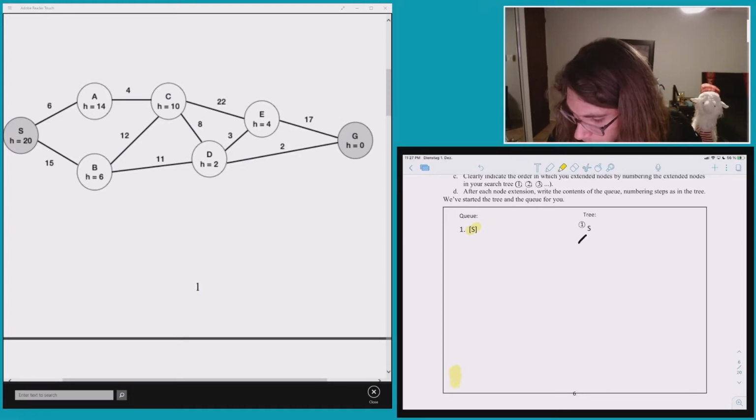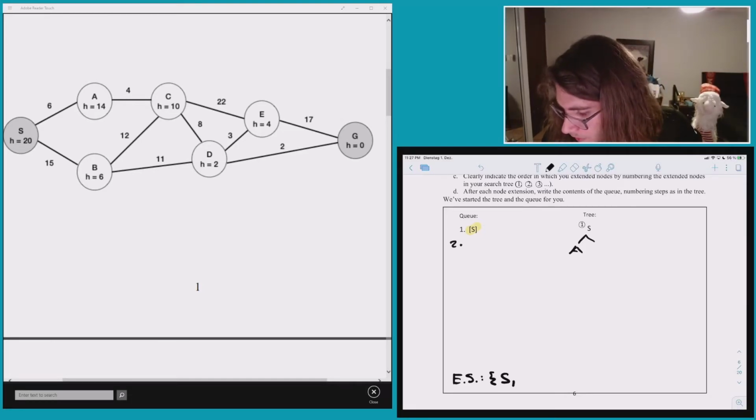Let me open the extended set. There's S, because it's already marked with a 1. And much as we saw before, there's A and B, which means the queue is populated with SA and SB.